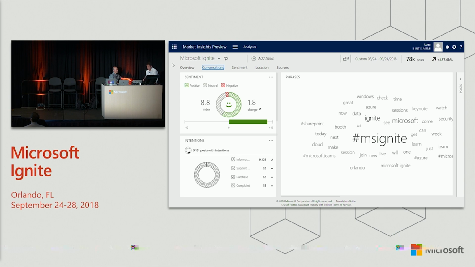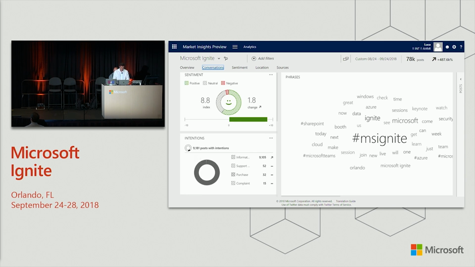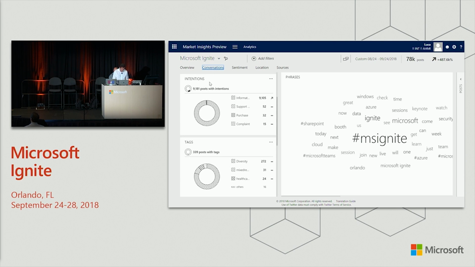First of all, let's focus on our ability to understand the content of the social conversation. Here we're looking at the intention analysis and auto-tagging, the ability of our AI capabilities to understand the main content of the conversation, and the main tags we have when it comes to conversation in our social world.